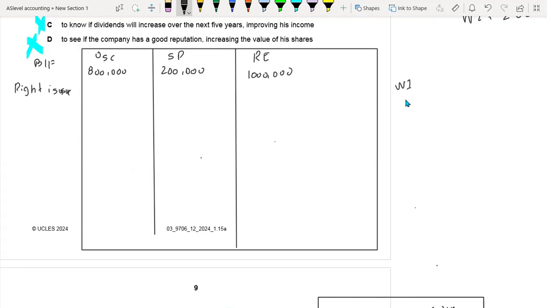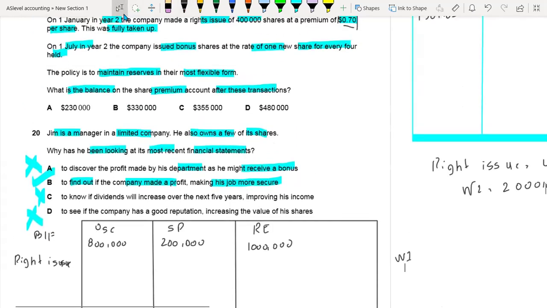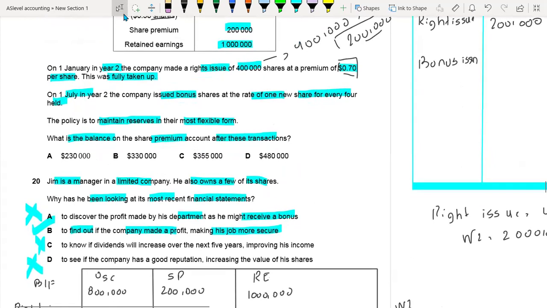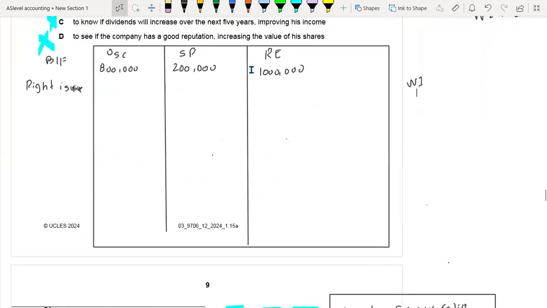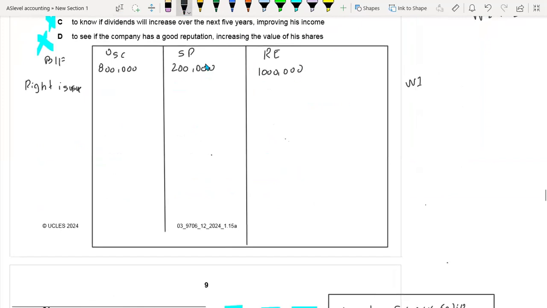We know that the number of shares issued is 400,000. If you see in the question again, the rights issue was of 400,000 shares. So 400,000 shares, its nominal value was 0.50.